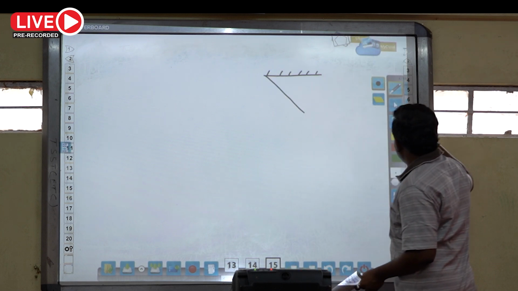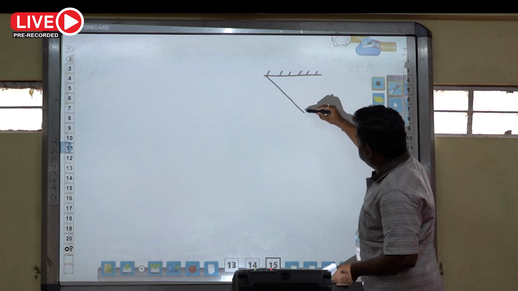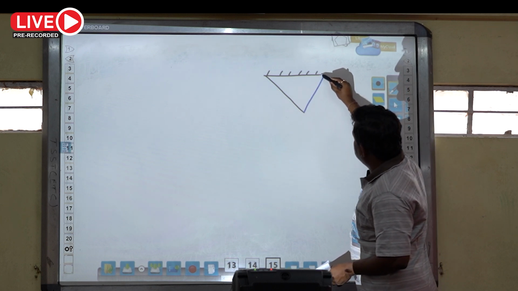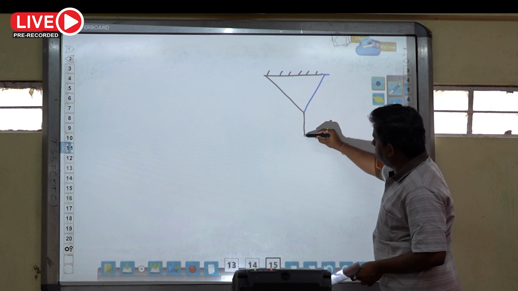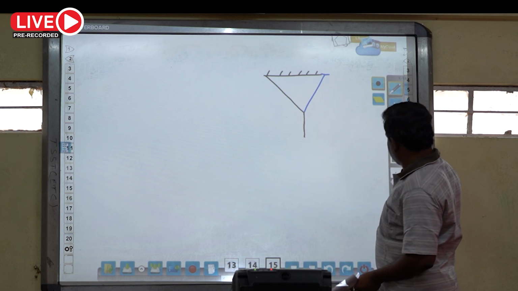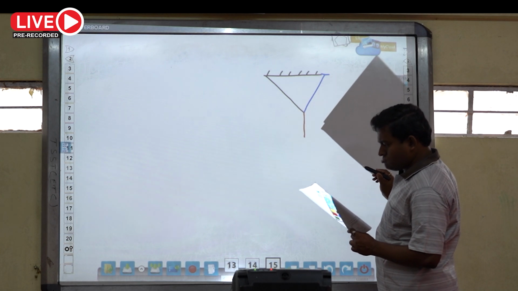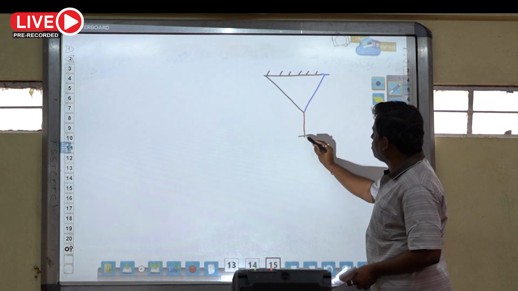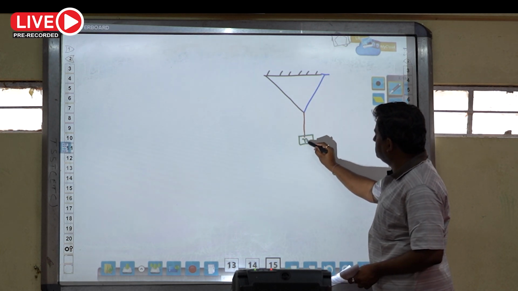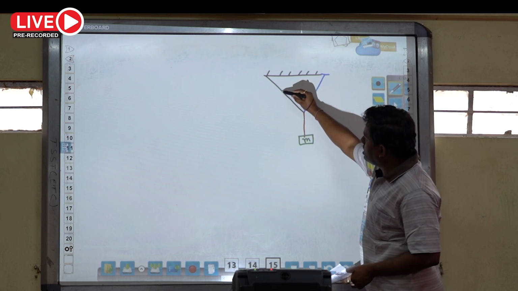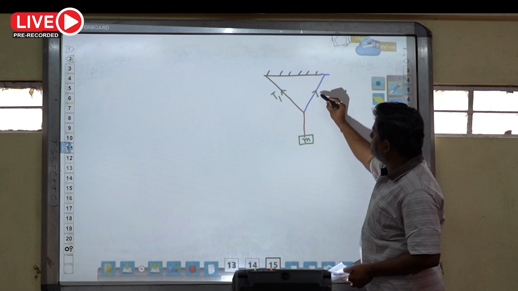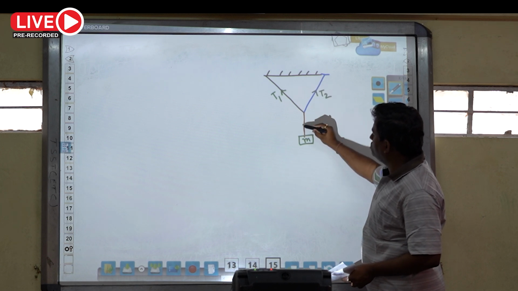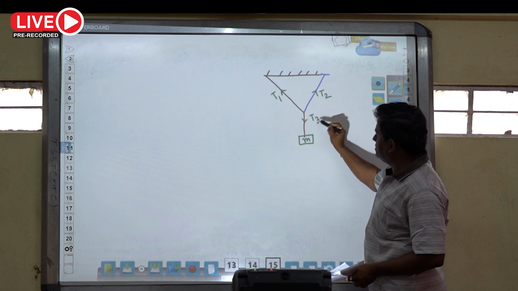The first string, another string, there is a block of mass m. This is string 1, so we draw its tension T1, string 2, tension T2, string 3, tension T3.